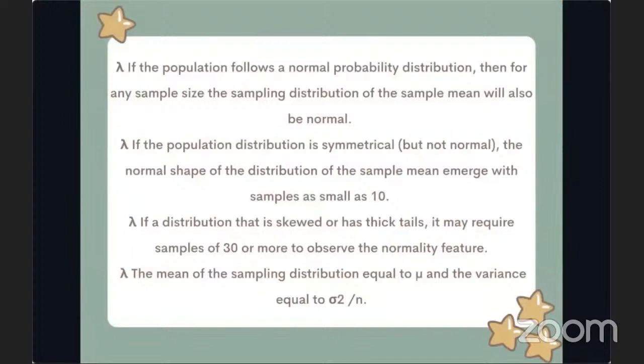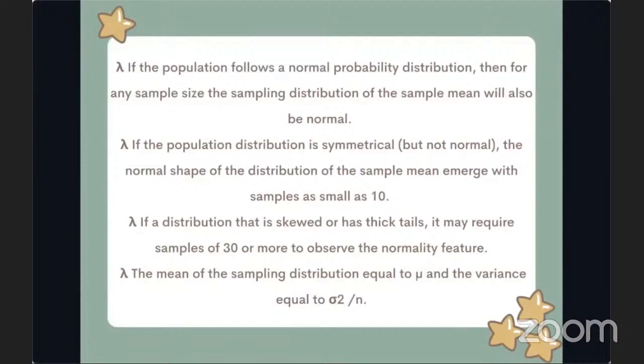If the population follows a normal probability distribution, then for any sample size, the sampling distribution of the sample mean will also be normal. If the population distribution is symmetrical but not normal, the normal shape of the distribution of the sample mean emerges with samples as small as 10.